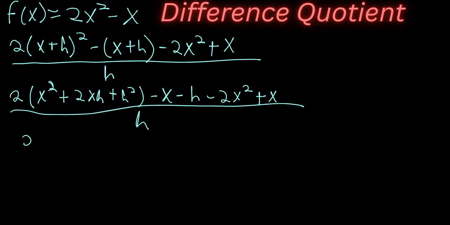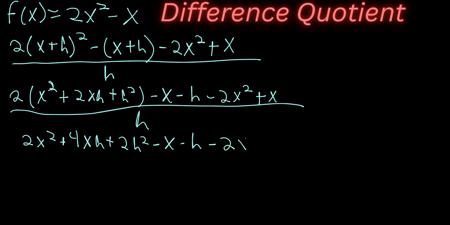Let's distribute out, so we get 2x squared plus 4xh plus 2h squared minus x minus h minus 2x squared plus x.